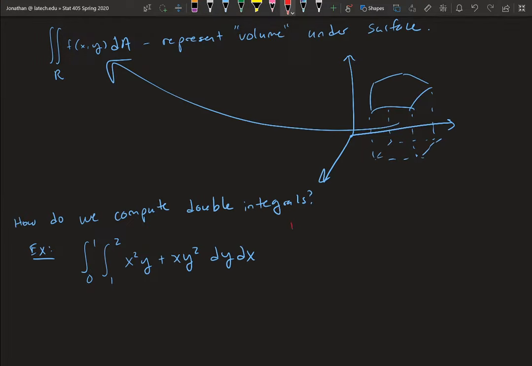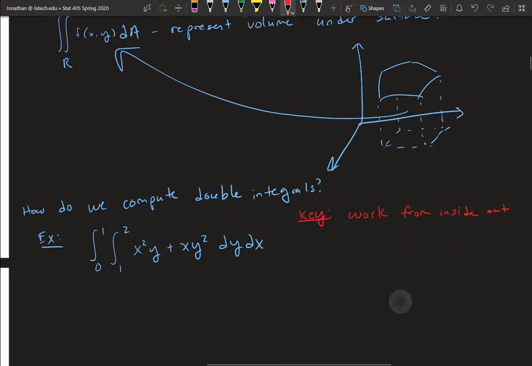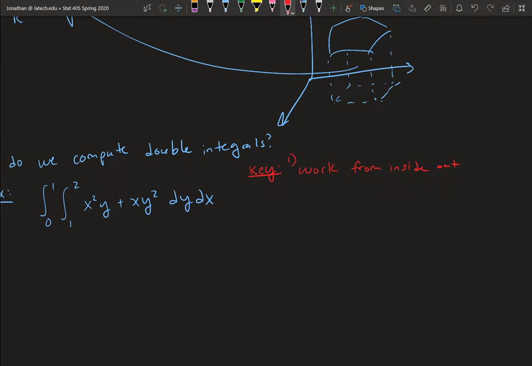The key is you work from the inside out, kind of like order of operations, like parentheses, where what's on the inside happens first. And then the second thing is you treat other variables like constants.